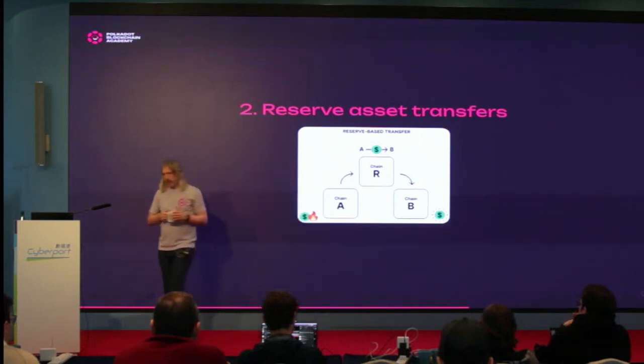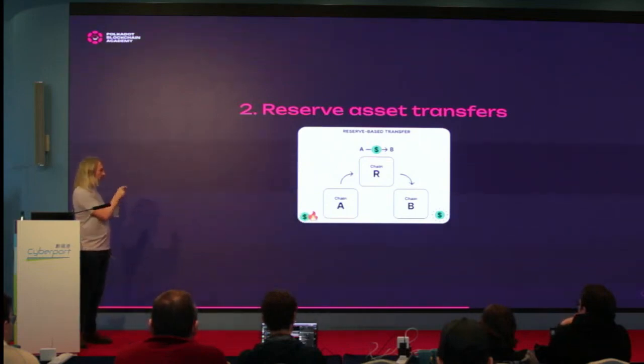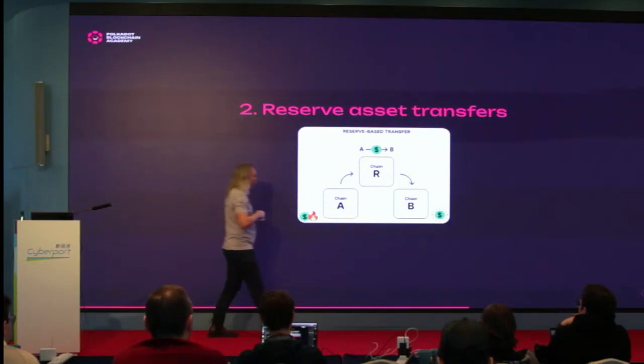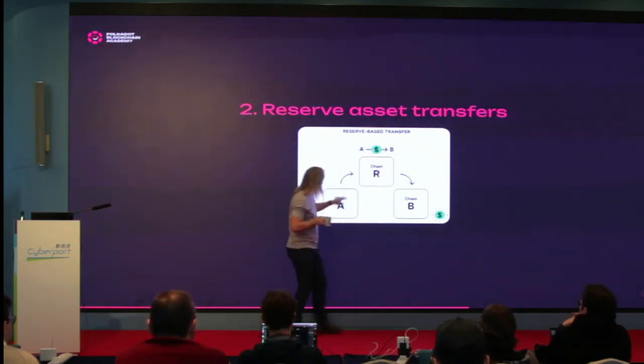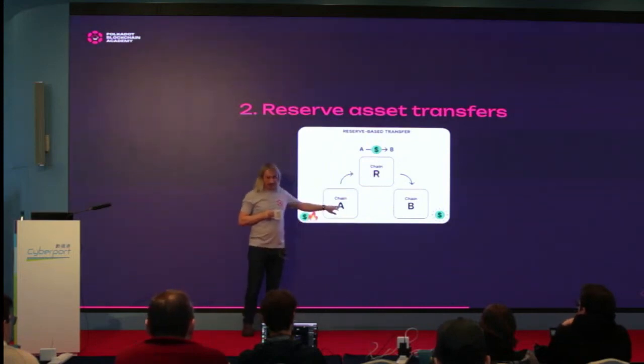Now, that message has been forwarded by R. Now, B might trust R regarding DOT. It doesn't trust R to represent all of A's interests. Right? This is a crucial point to understand.